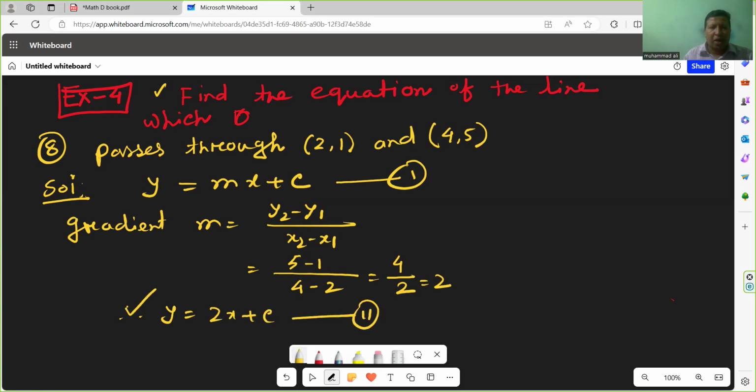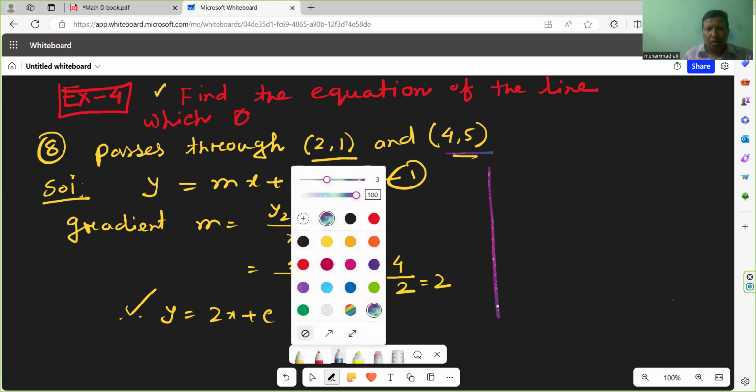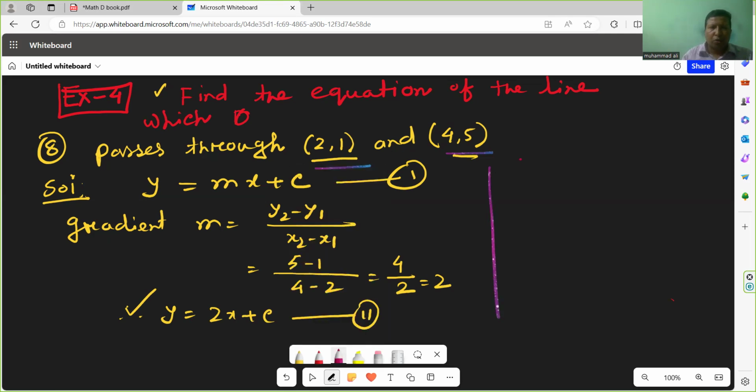Now this straight line passes through these two points, so we put any one of these points in to get the value of c. If we put (2, 1), x value 2, y value 1, so 1 equals 2 into 2 plus c. So 1 minus 4 equals c.